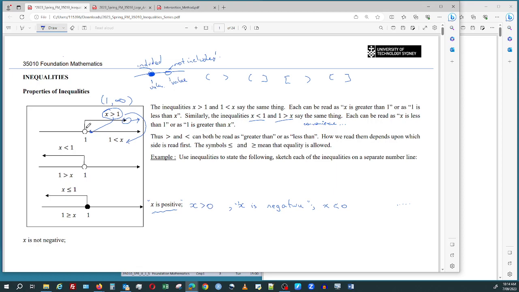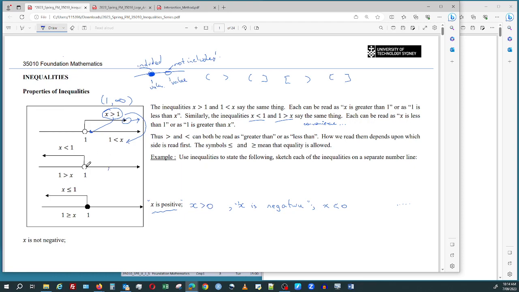Number 1 is the boundary, and all the x values, because 1 is less than all the x values, head off in this direction to the right. So it's very important that we get this right, because you'll use this in Maths 2. Maths 2 will ask you to deal with inequalities a little bit more significantly than in Maths 1, and it's important that we get those things right.